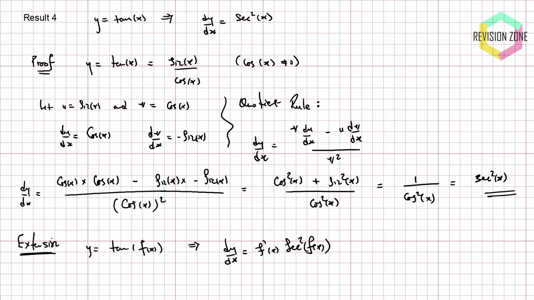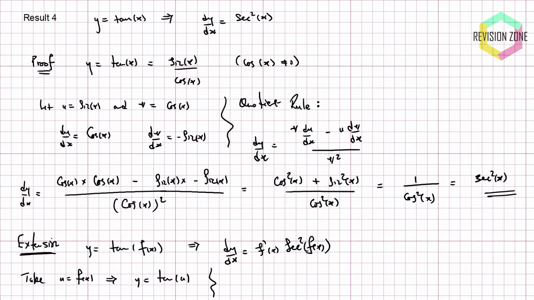And of course, as before, we can work out an extension to this sort of derivative, which is if you have the tan of any differentiable function f of x, then when you differentiate it, you just get sec squared of f of x, but you've got to multiply by f prime. Okay, so let's see why this may be true. If we take u equals f of x, that tells us that y equals tan of u.